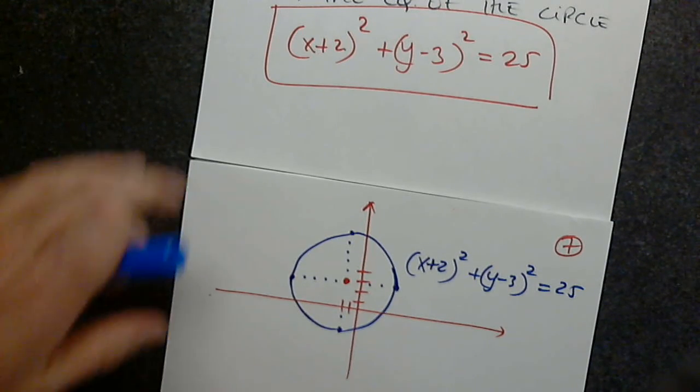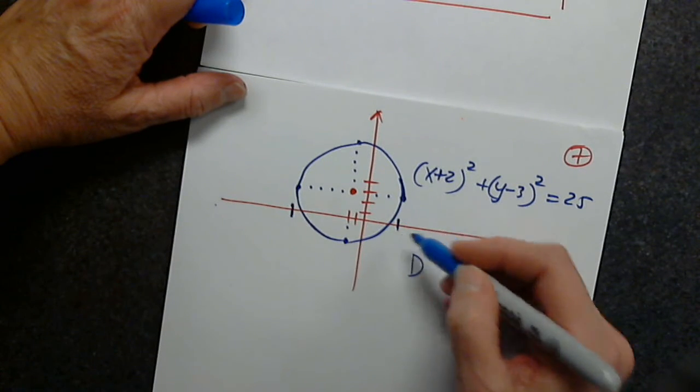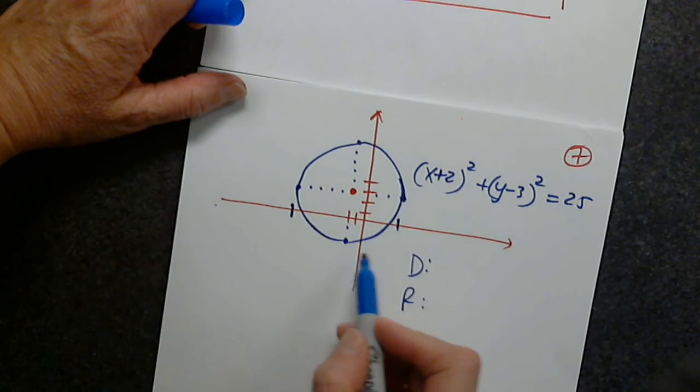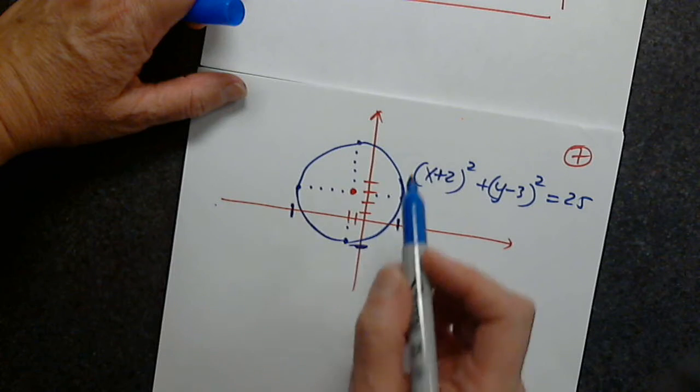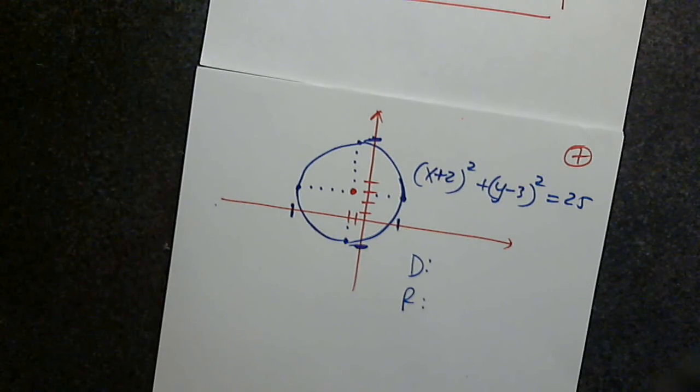Now I'm going to ask you, please find the domain of this circle. So one quick question. Yes, please. So you plot your points first, and then there are 5 from each point. Is that what you meant? No. You first have to plot the center.